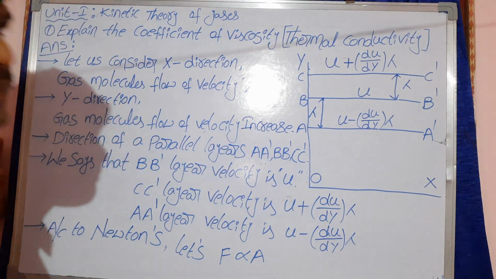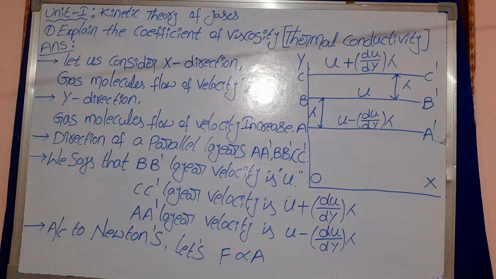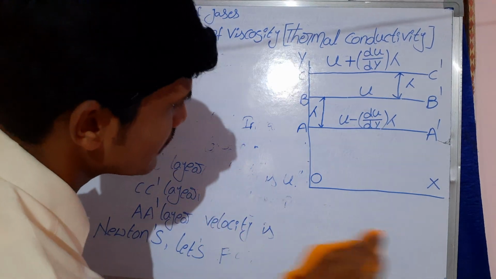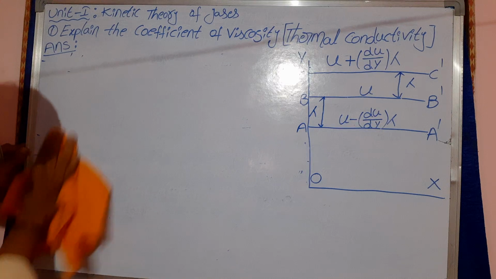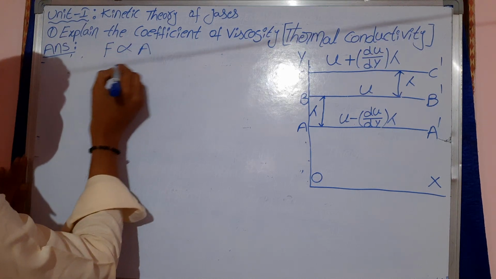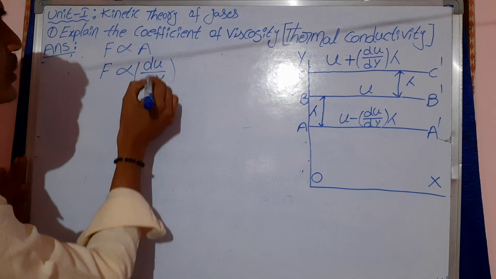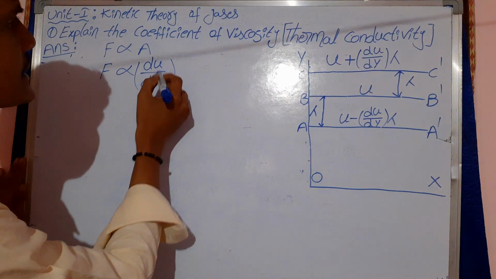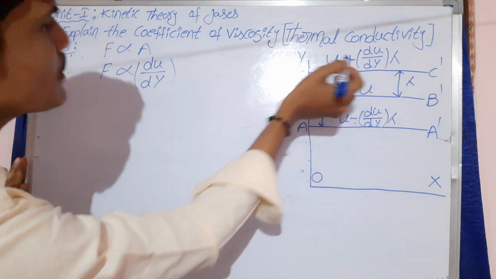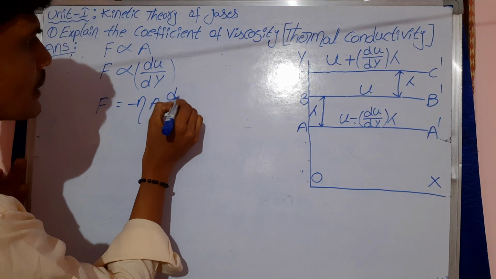Force is also directly proportional to du by dy, where u means velocity and y means the y direction: the change in velocity in the y direction. So F equals minus eta A into du by dy.